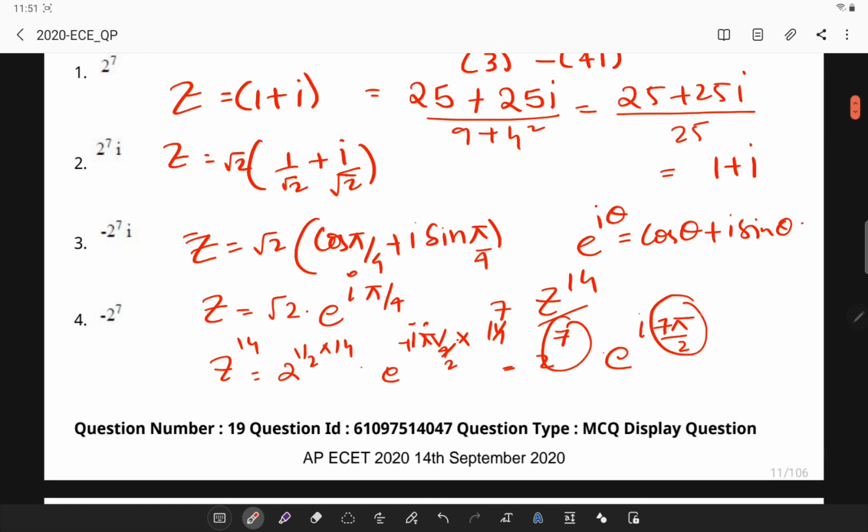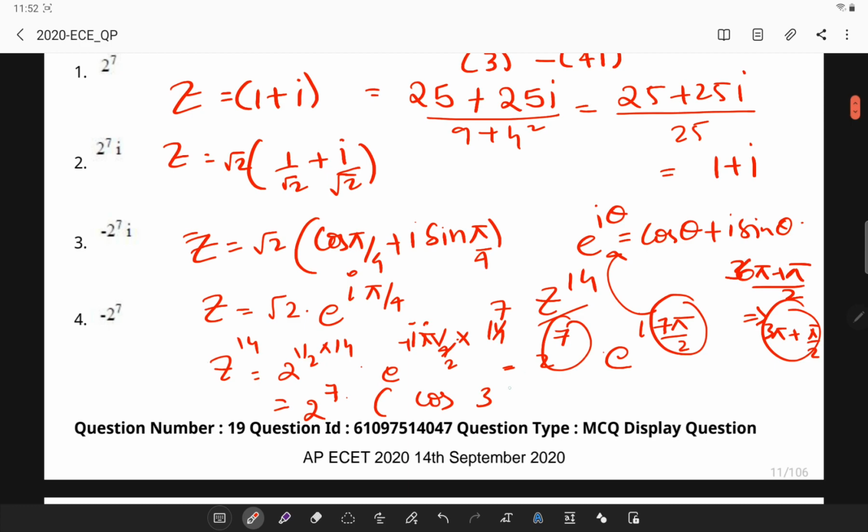So we have to remember 7 pi by 2 can be written as 3 pi plus pi by 2. Now again I apply Euler's theorem here. So I will be left with 2 power 7 into cos of (3 pi plus pi by 2) plus i sin of (3 pi plus pi by 2).